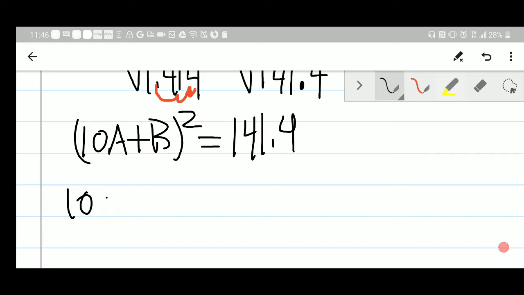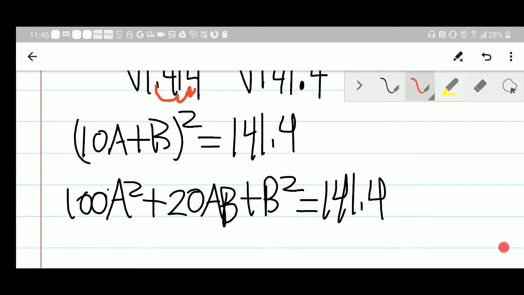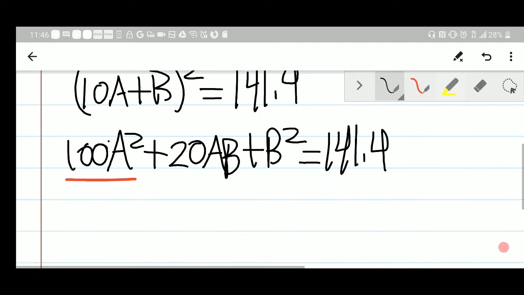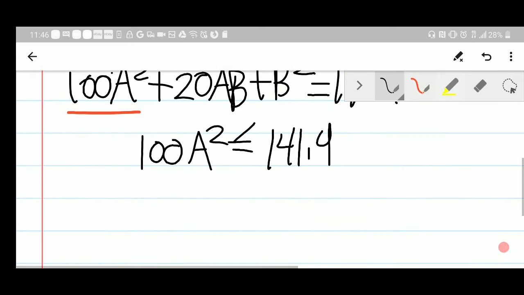We factor that out and we get 100a squared plus 20ab plus b squared. Okay, so we focus on just this part of it. So it's 100a squared less than or equal to 141.4.